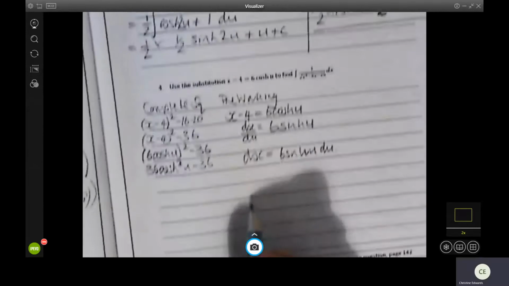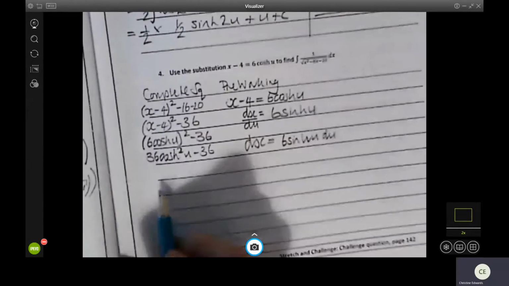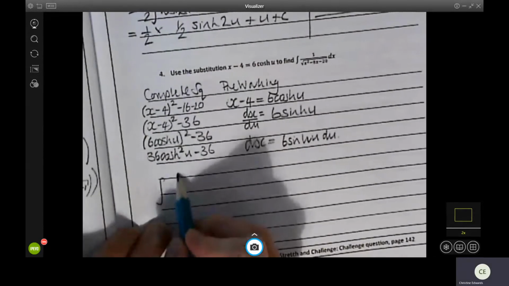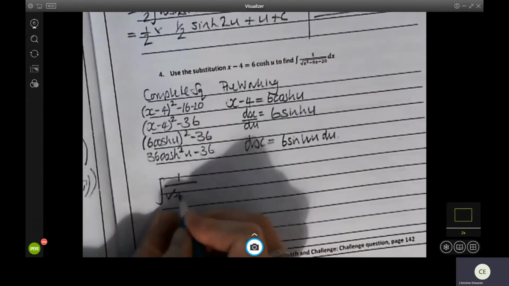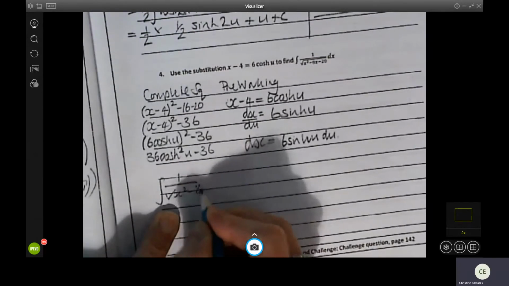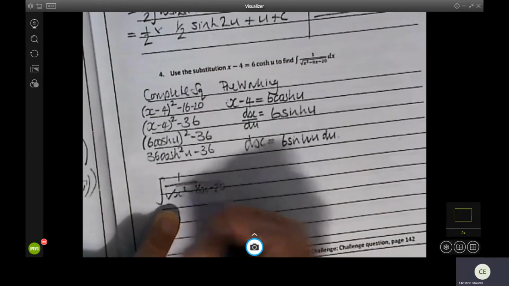Now, subbing into the question. So we've got 1 over the square root of x squared minus 8x minus 20 dx.